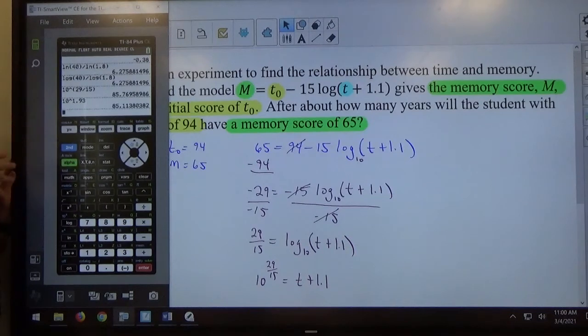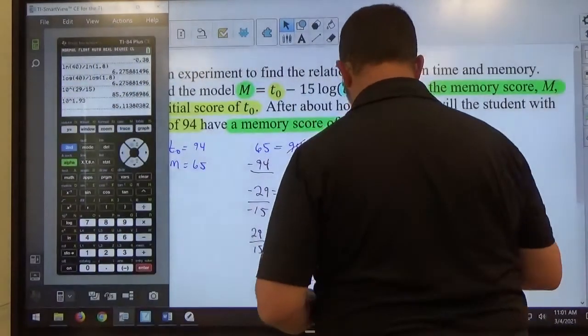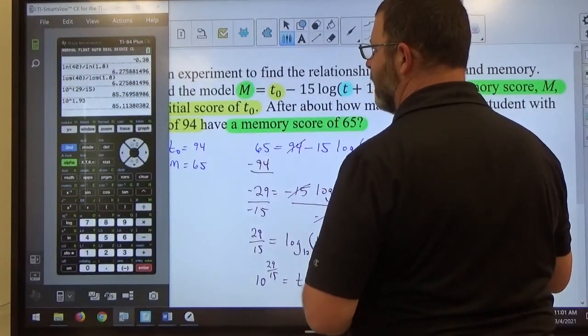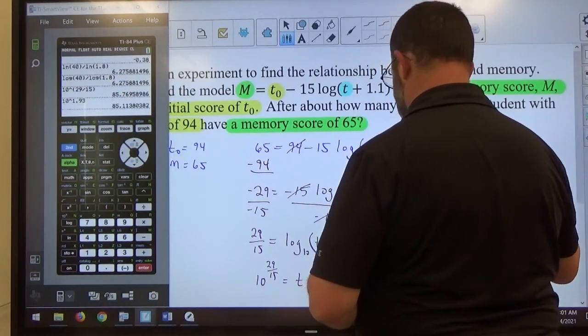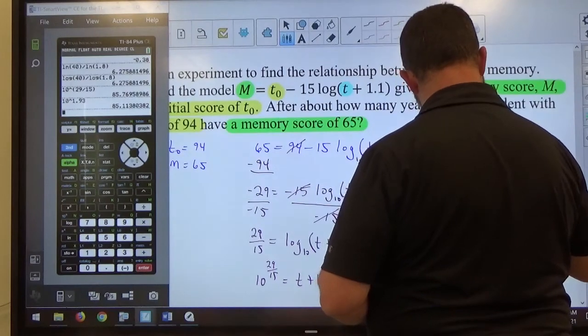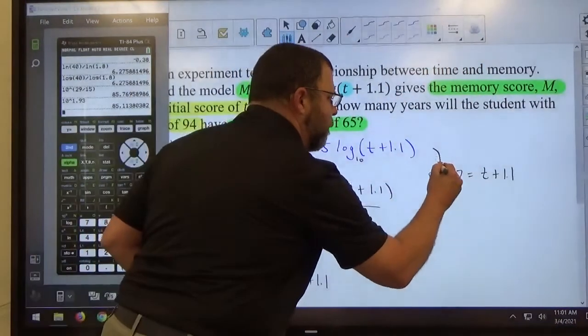So again, it's important that if you keep it in fractional form instead of decimal form, you're going to get more accuracy. So 10 to the 29/15 is 85.76958986. So I'm going to go with 85.77. Okay. So again, 10 to the 29/15 equals 85.77.